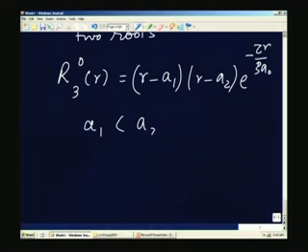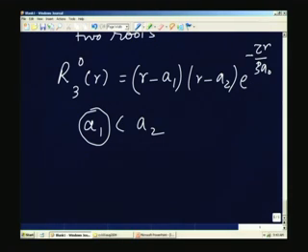Now this is fairly clear how it should look when we plot it. For all values of r less than the smaller of the two roots, both factors are negative, so the product of the two negatives is positive, and the exponential is always positive for all values of r from 0 to infinity.